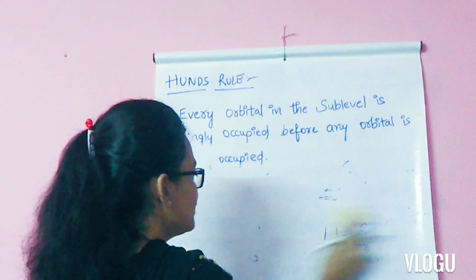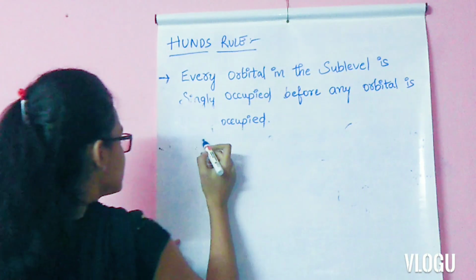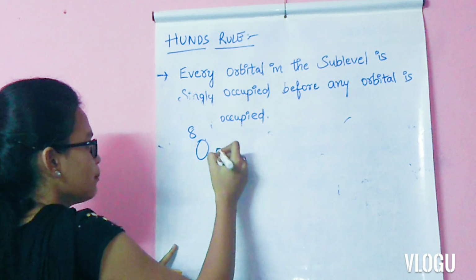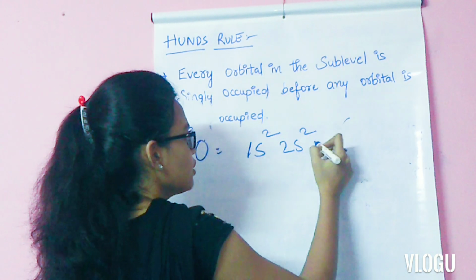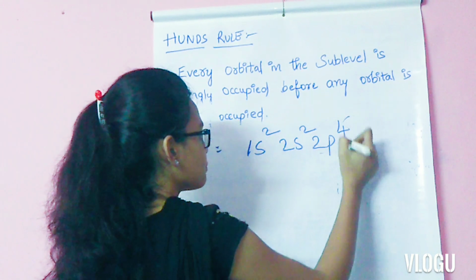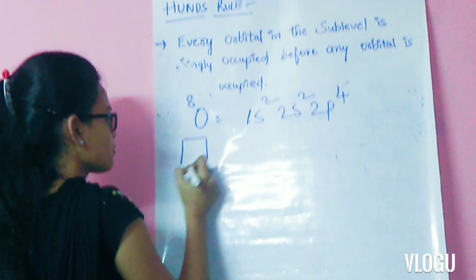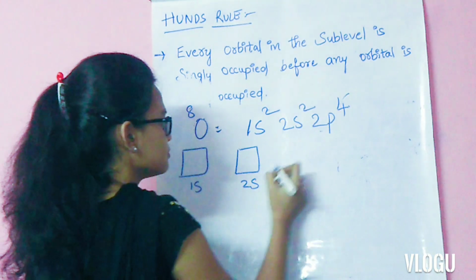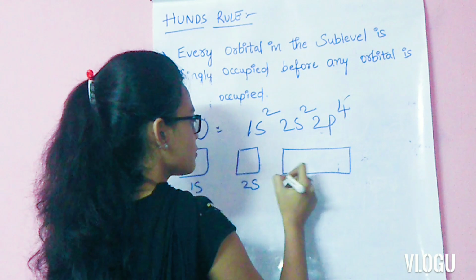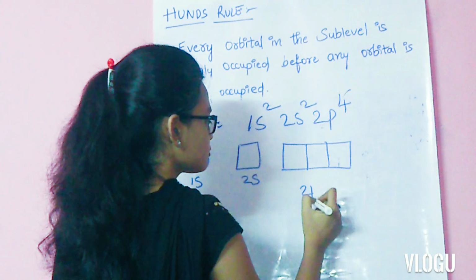And take another example, oxygen. The atomic number of oxygen is 8 and the electronic configuration is 1s2, 2s2, 2p4. 1s, 2s, 2p.